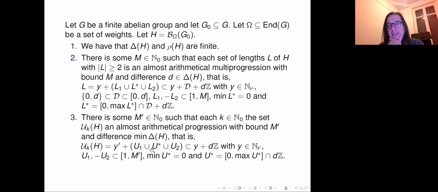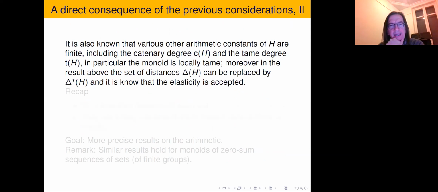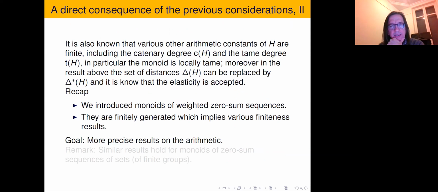So this is an arithmetic progression, but at the beginning and at the end, one can skip some elements. This is a known result for any finitely generated monoid, so it's not really a new result, but it applies to this type of monoid. And yes, I will skip this.